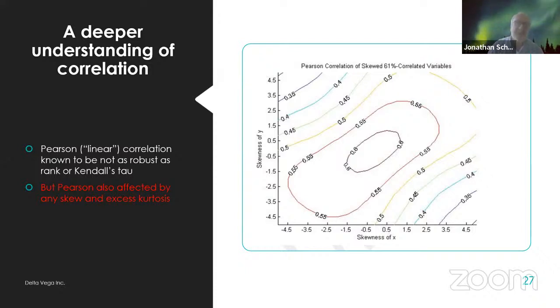But here's an imagining of what would happen if we start with 2 normal variables, that is no skew and no excess kurtosis, and the correlation between them is 60% or 0.6. So these variables are x and y, and now on either axis we can imagine what's happening if we then add skewness. A significant skewness starts around 1.